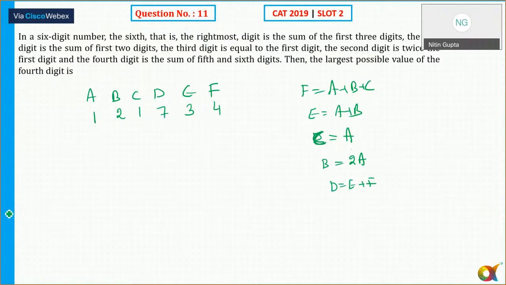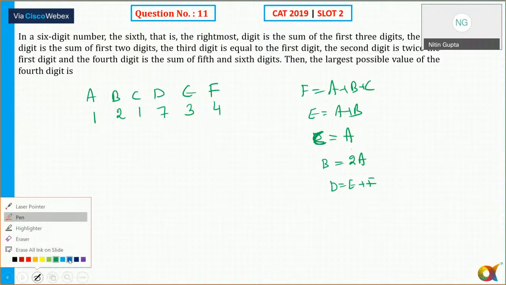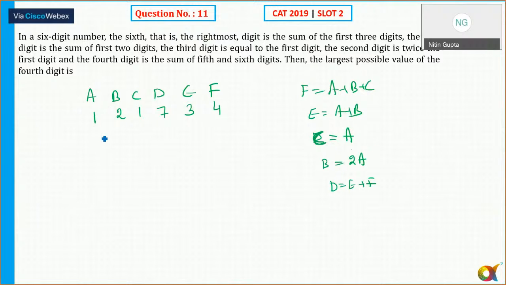I'm starting with A equal to 1. If you take A equal to 2, the next value, B is equal to 4, E is equal to A plus B, equal to 6. And F is equal to A plus B plus C, that is 2 plus 4, 6 plus 2, 8.